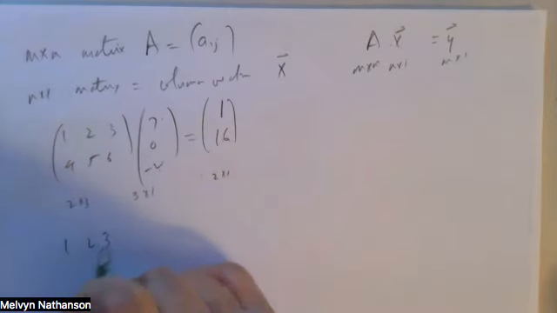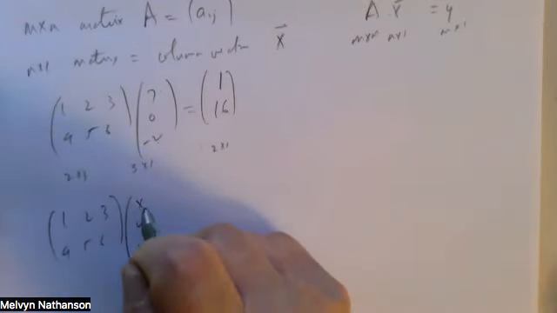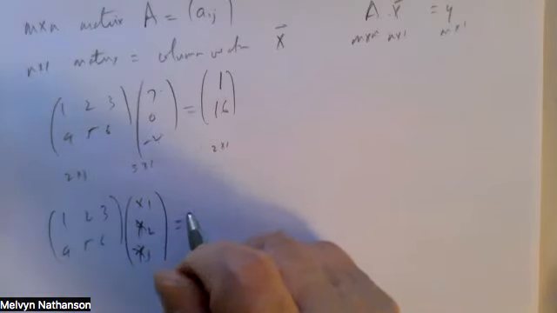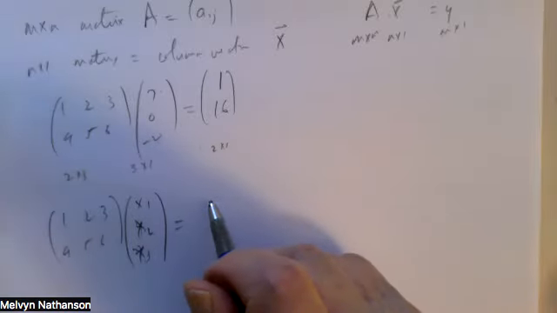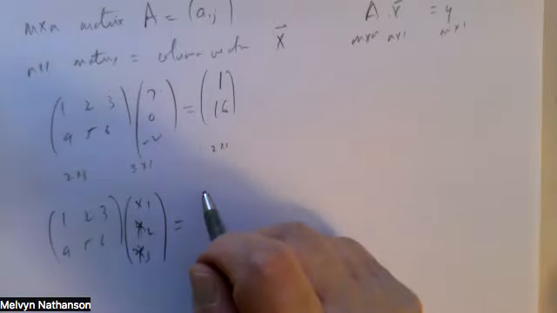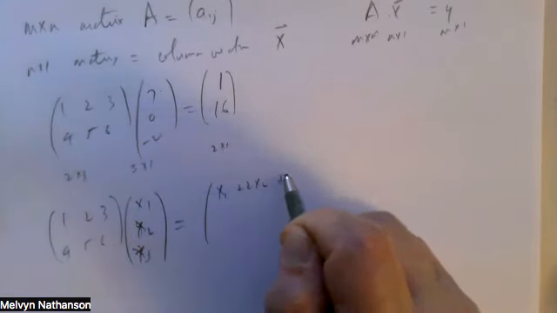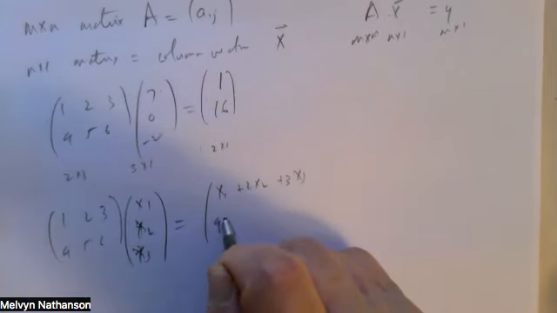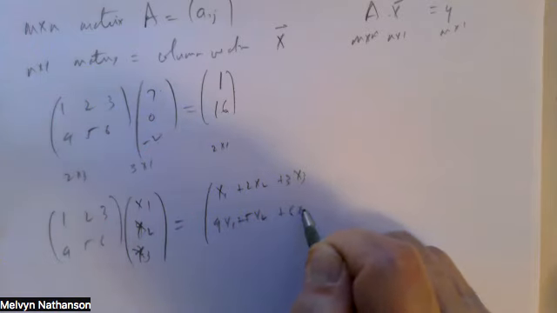Suppose I take 1, 2, 3, 4, 5, 6 times the vector x, y, z. Or maybe I'll write it as x1, x2, x3. Again, I'm going to get a two-dimensional column vector. This is x1 plus 2x2 plus 3x3, 4x1 plus 5x2 plus 6x3.